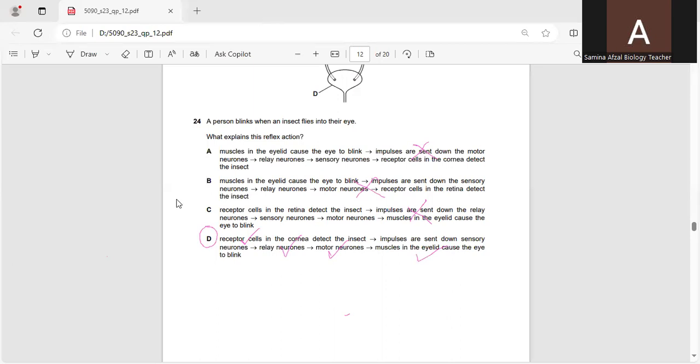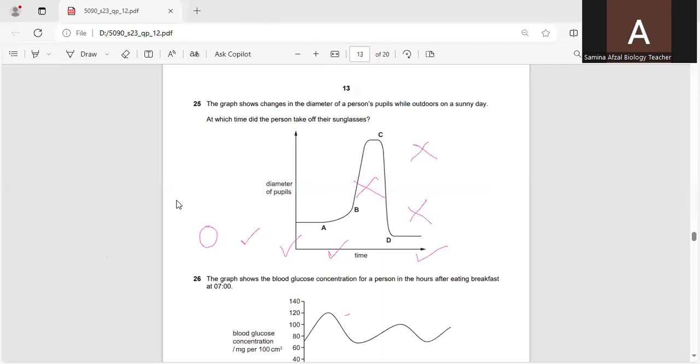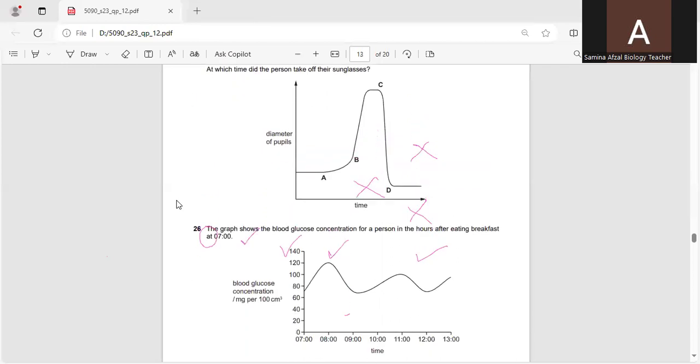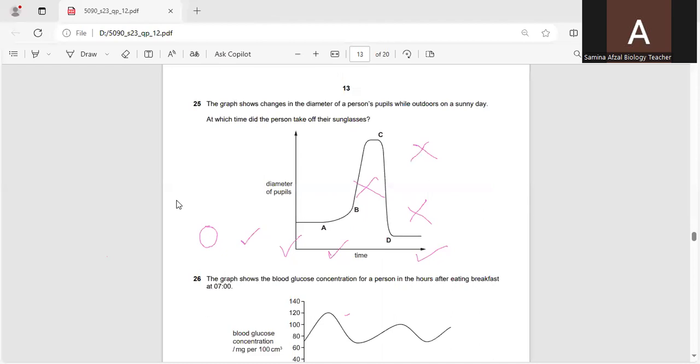So we are going to the next question. Question number 25. Here you can see what is happening. The graph shows changes in the diameter of a person's pupil while outdoors on a sunny day, at which time they take off their sunglasses.